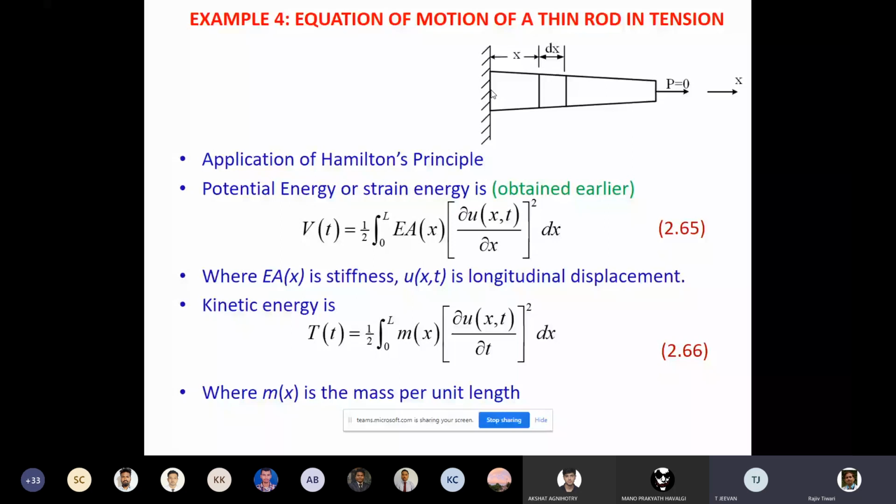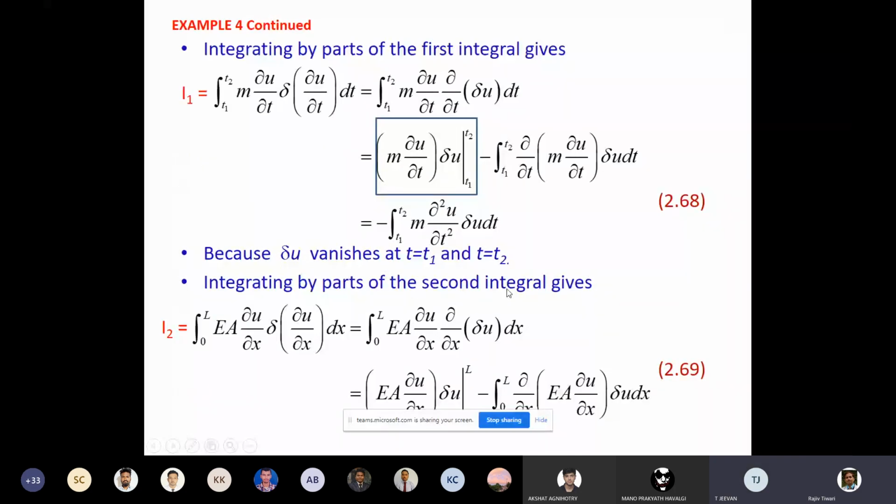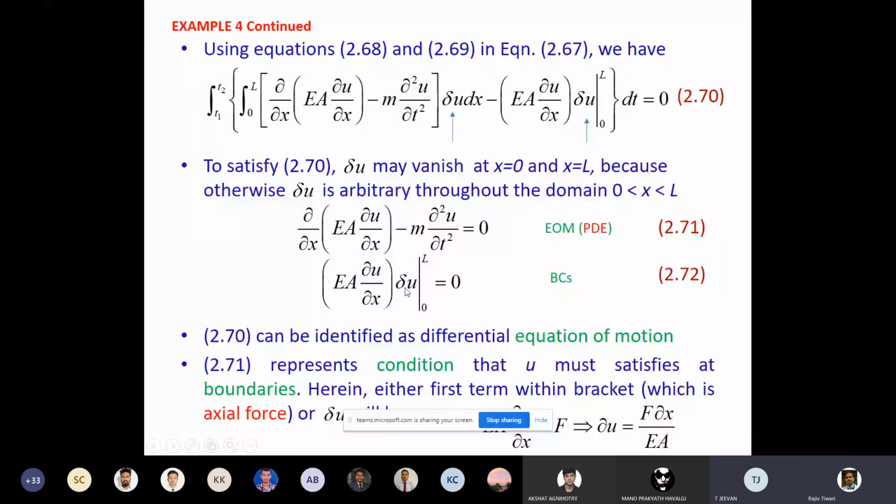At x equal to L, how is delta u 0? At x equal to L, delta U will not be 0, but the axial force will be 0, because there is a free end. So in the boundary condition, either this quantity will be 0 or this will be 0, one of them.